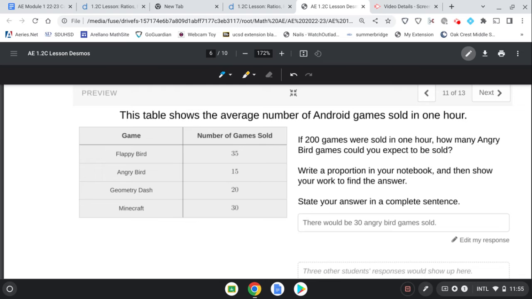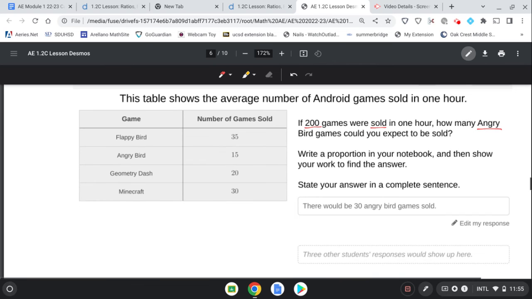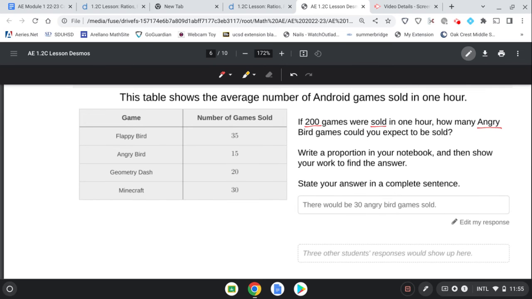So it says if you have 200 games that were sold in 1 hour, how many Angry Bird games would you expect to be sold? So use the fact that we have a total of 100 games sold in the table. 15 of them are Angry Birds.